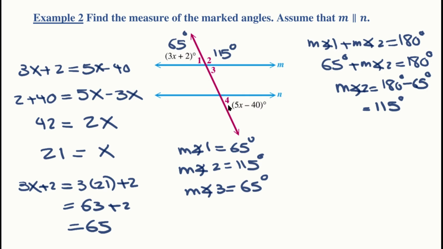And the only one we need is 4. And remember, 4 is going to be the same as 1 because of the fact that they're alternate exterior angles. So the measure of angle 4 will also be 65 degrees. And there we have it. So make sure you understand that before we proceed.